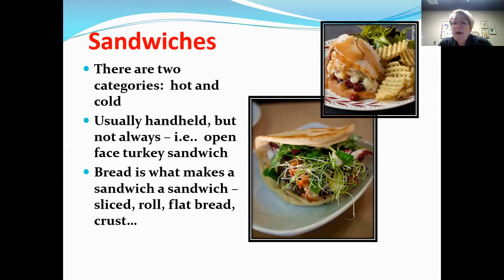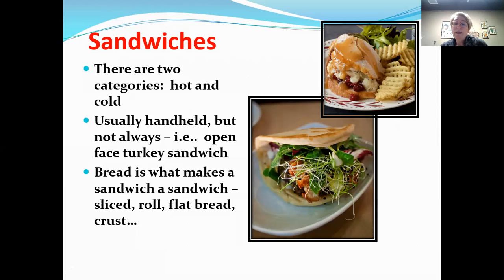Okay, so we think about a sandwich usually as stuffed between a couple of pieces of bread, but there's some other things that are technically a sandwich. It's usually meat filling on bread. And so things like an open face, like a hot turkey sandwich. And this right here, if you look at it, it has a slice of turkey, it has some gravy, looks like maybe some mashed potatoes and maybe some cranberry type dressing.